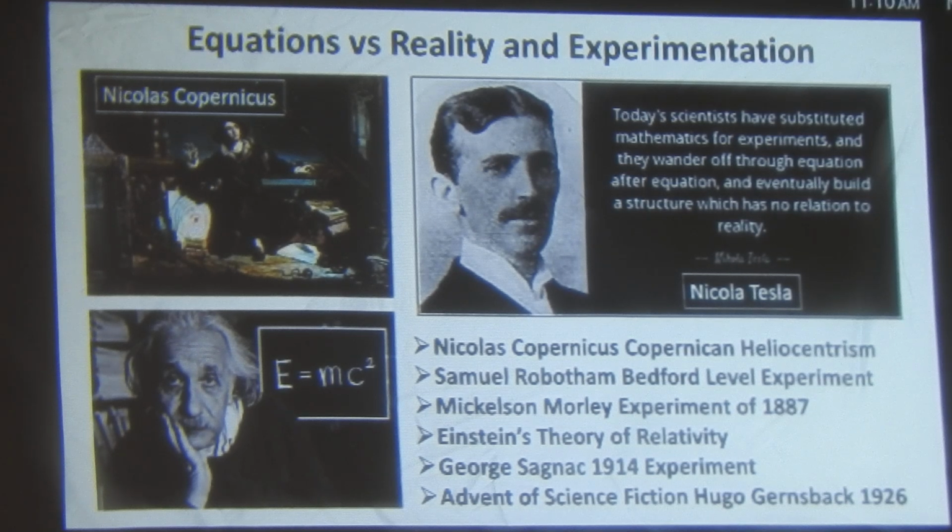The person that saw what was going on was Nikola Tesla, probably one of the smartest guys to walk the face of the earth. He made a quote directed at the heliocentrists and Einstein. He said, today's scientists have substituted mathematics for experiments, and they wander off through equation after equation and eventually build a structure which has no relationship to reality.